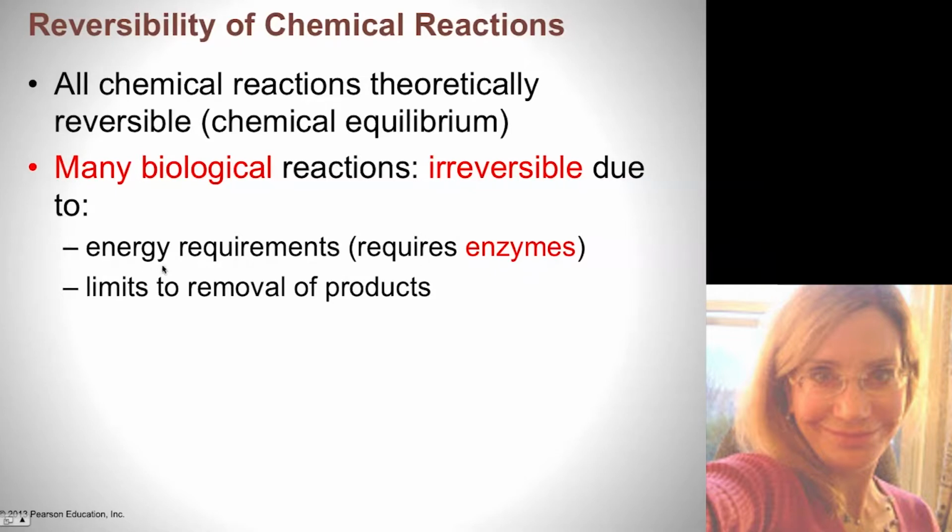So you need enough enzymes, you need enough of the nutrient or the molecule that is going to be worked on. And then there are also limits to the removal of the byproducts, so we can have an accumulation of waste products. So in living cells, each chemical reaction requires a specific enzyme, and there needs to be some way to remove the products of those chemical reactions or to deal with them.